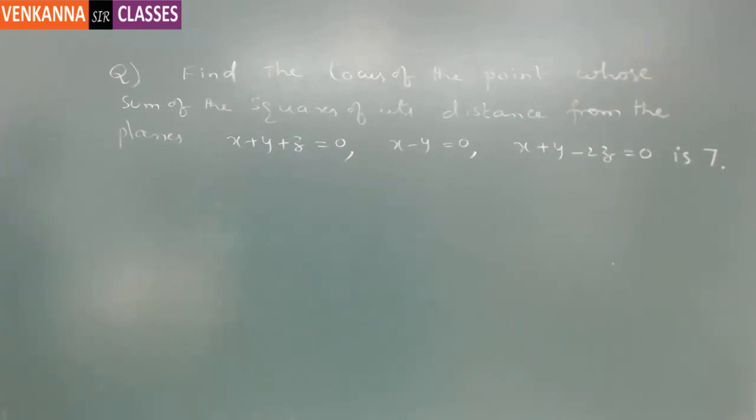So find the locus of the point whose sum of the squares of its distance from the planes is 7.